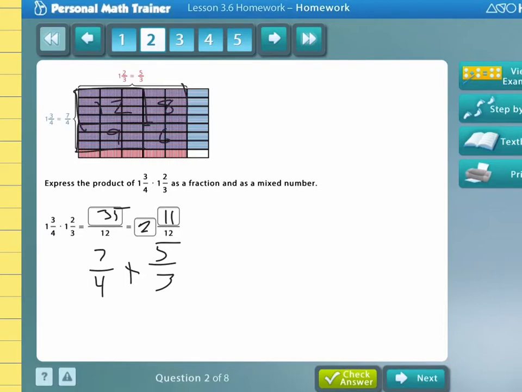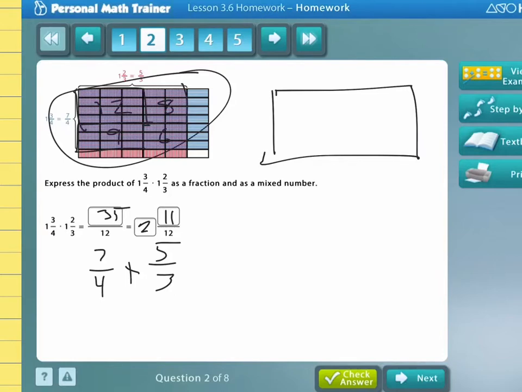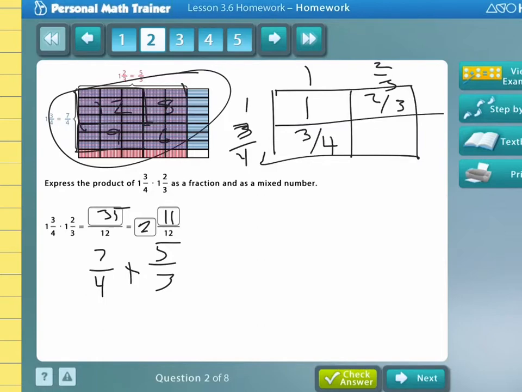I personally don't like this model all that much. The model that I prefer is to do a partial product model. If I have 1 here and 3/4 here, and I have 1 here and 2/3 here, I like to split them. 1 times 1 is 1, 1 times 2/3 is 2/3, 1 times 3/4 is 3/4, and 3/4 times 2/3 is 6/12.